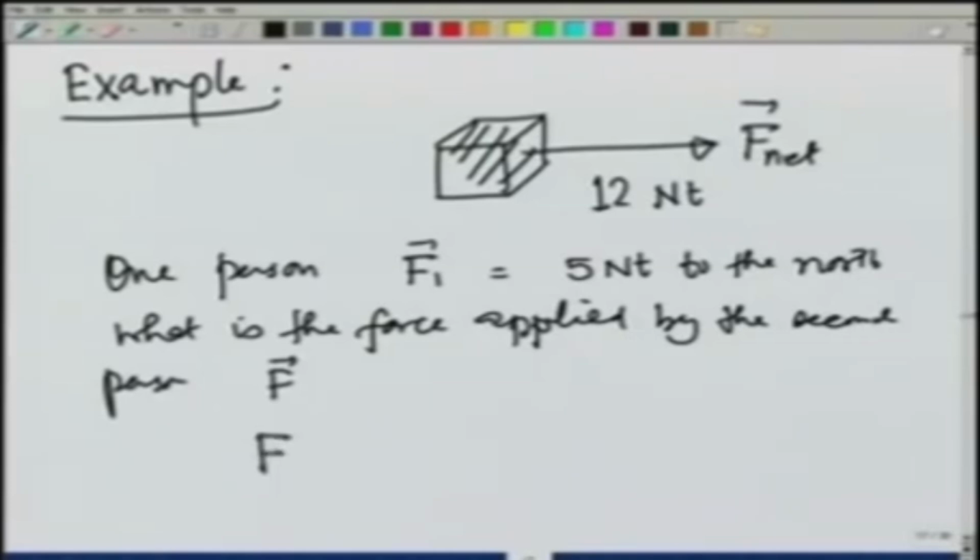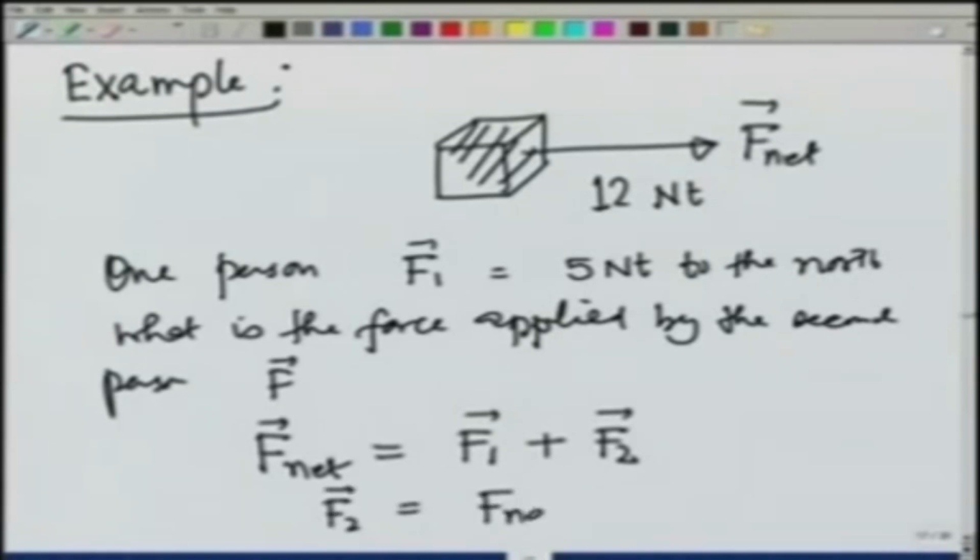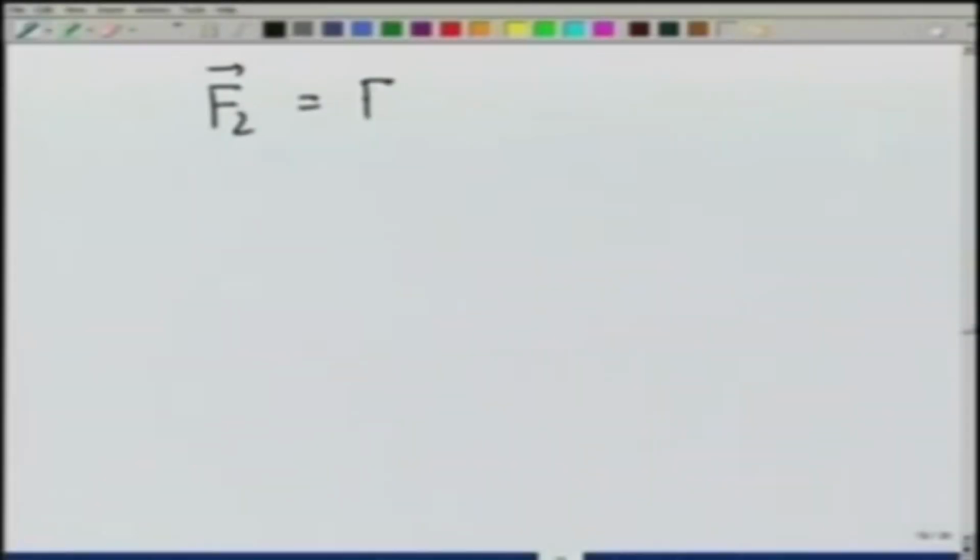Then we know that F net is going to be equal to F 1 plus F 2, and therefore, F 2 is equal to F net minus F 1. We have been given that F net is 12 newtons to the east.